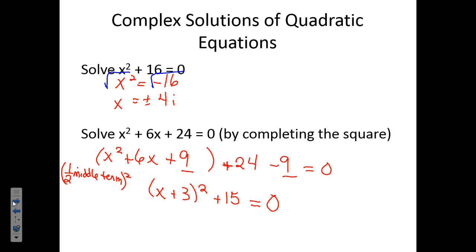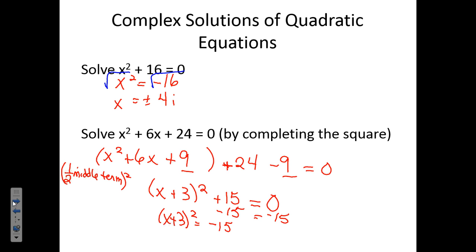So what can we do? Subtract 15. Take the 15 to the other side because we want to eventually isolate this x plus 3 quantity squared. So if we take 15 away, we'll have x plus 3 quantity squared is equal to a negative 15.